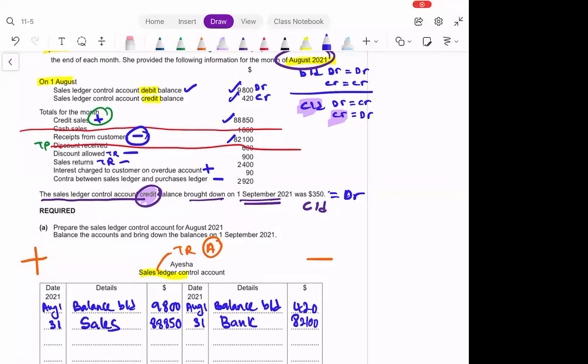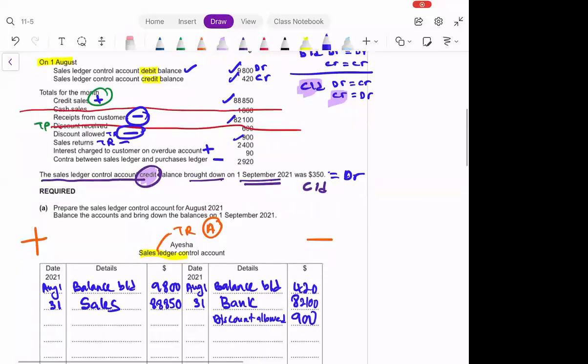Discount allowed. We already discussed. Discount allowed will be in the reduced side. Reduced side for trade receivable is credit, 900. You can write here discount allowed. After that, sales returns are also in the reduced side. Reduced side for trade receivable is credit side. Sorry, 2,400. Right here, sales returns.